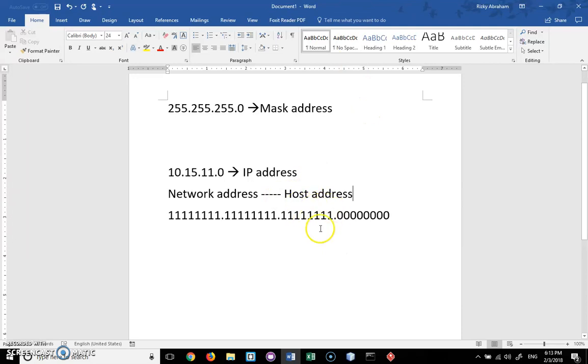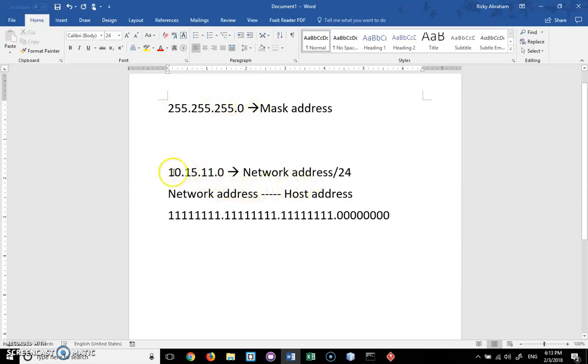So with that understanding, this mask address, and this provided network address 10, 15, 11, is the network address with the mask 24, because there's 8 bits right here and 8 bits and 8 bits, so it's 24 bits, or you could say 255.255.255.0.